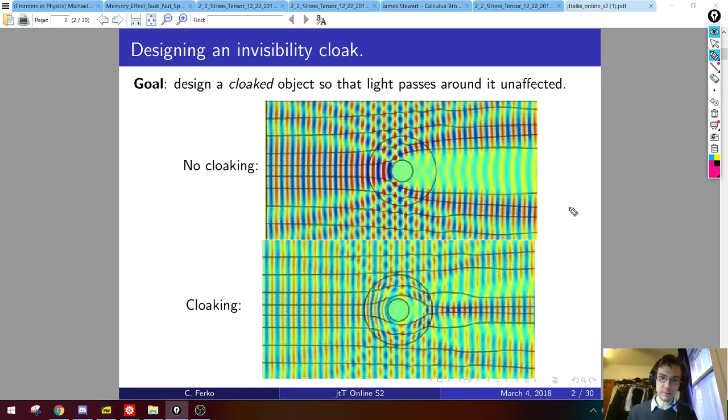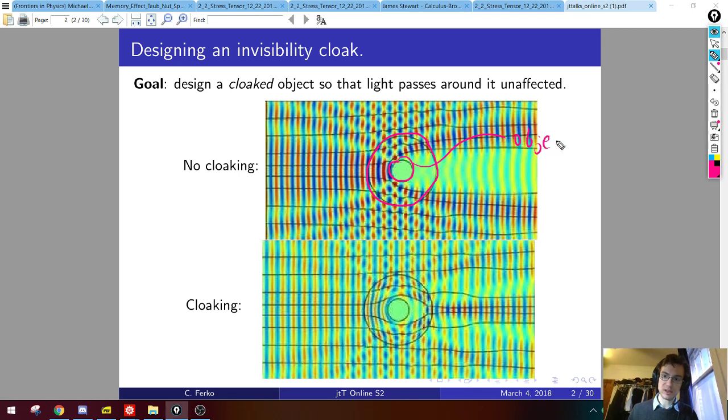I'm going to put a lot of pictures like this on slides. You should interpret this as a two-dimensional slice, a cut of some three-dimensional object, where we're always going to consider, for simplicity, an object in the interior, which is the thing that we want to hide.